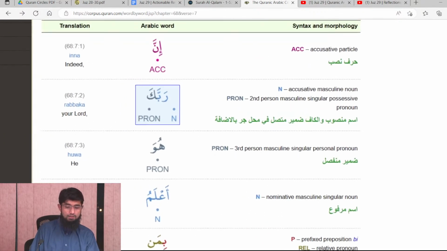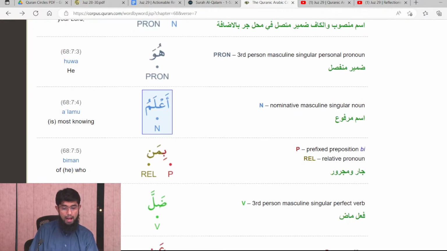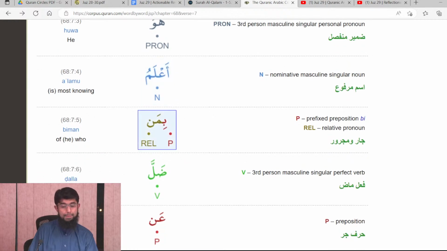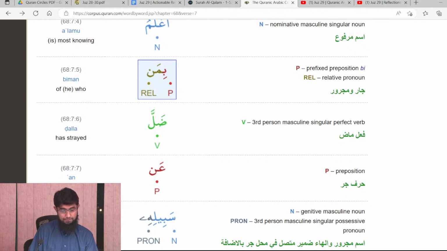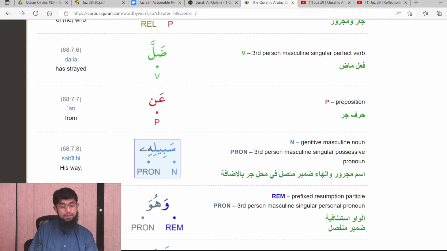So inna, indeed, rabbaka, your Lord, huwa, he, a'lamu, most knowing, biman dhalla an sabilihi. So that's what I'm saying. Here you have sabili, "his path."